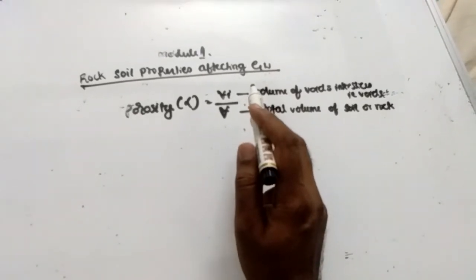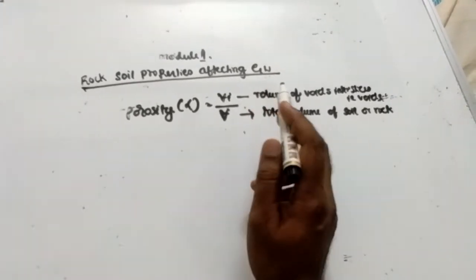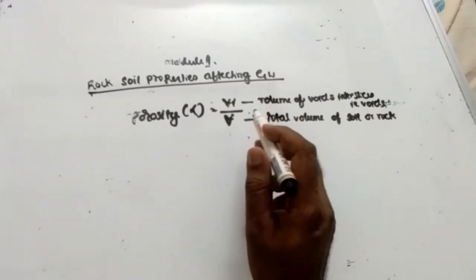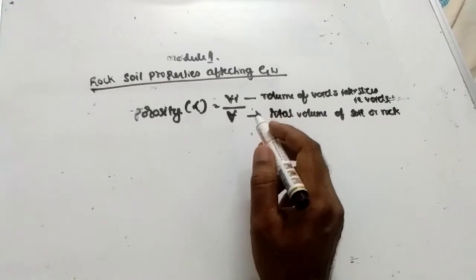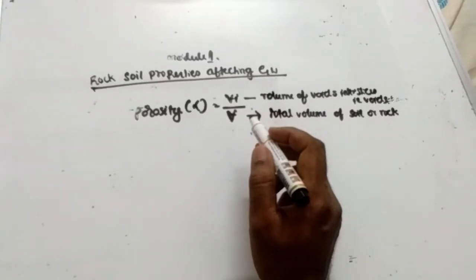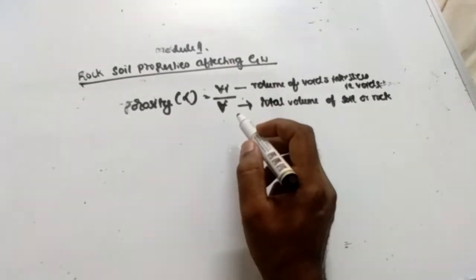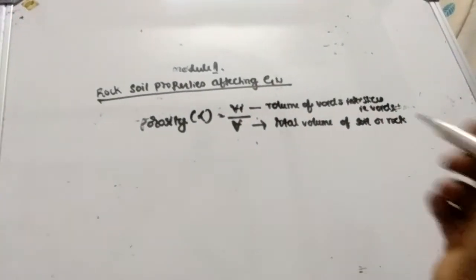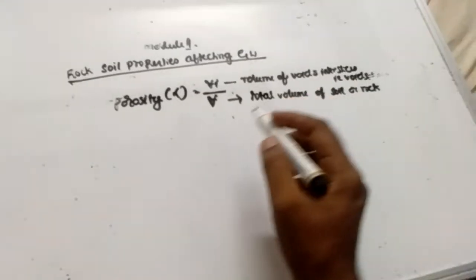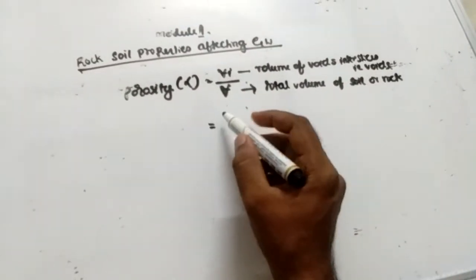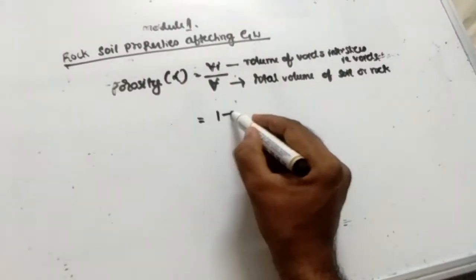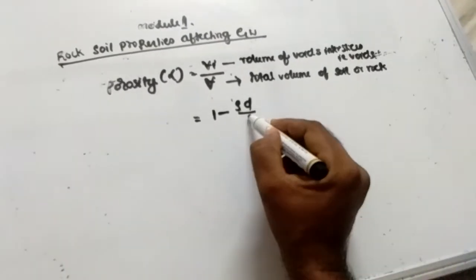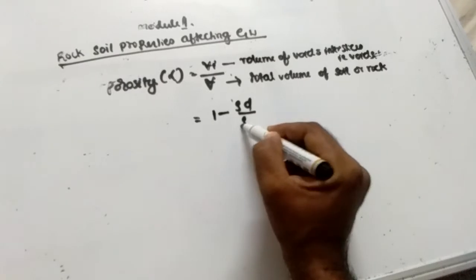In case of aquitard, porosity will be even more, and aquifer will have the highest porosity. Porosity can also be expressed as 1 minus rho d divided by rho m.